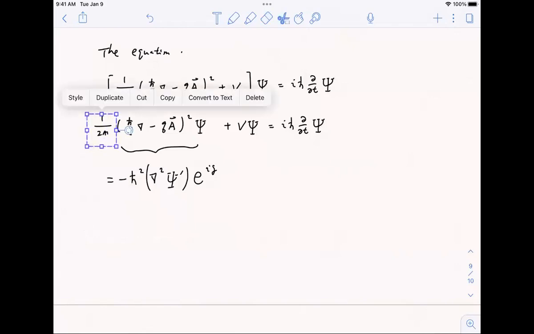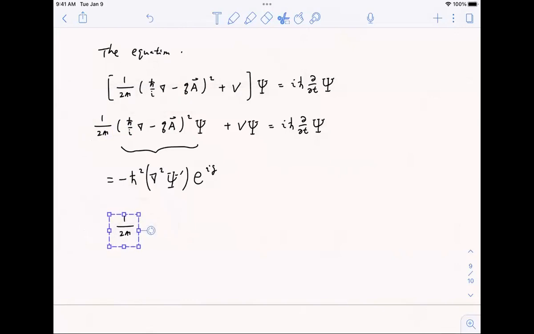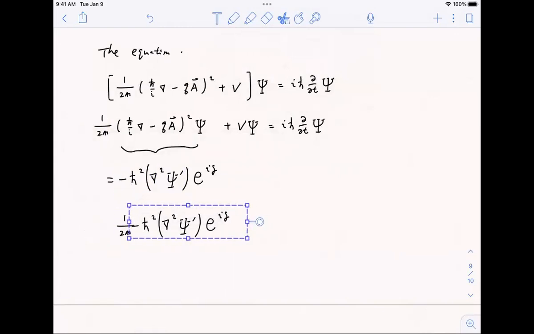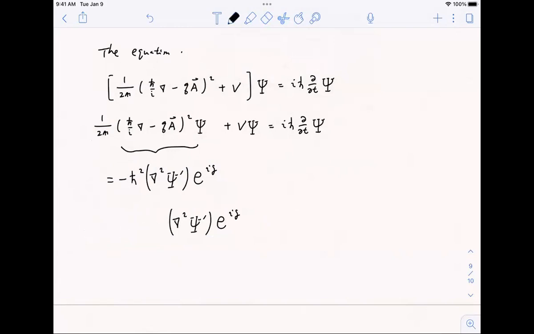You have 2m, and then this. Negative. And then plus.